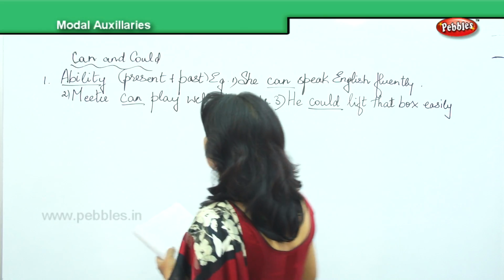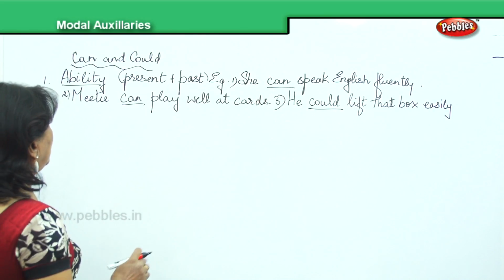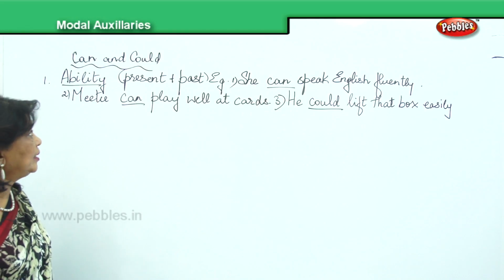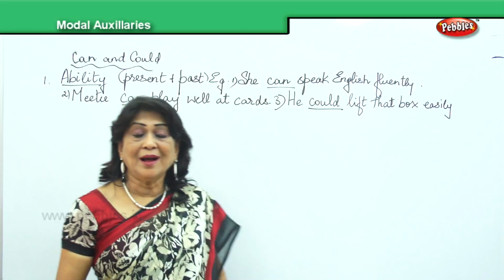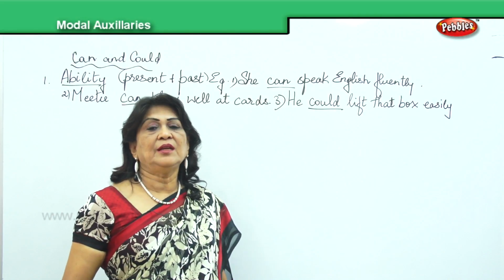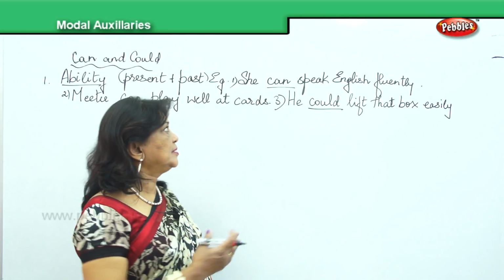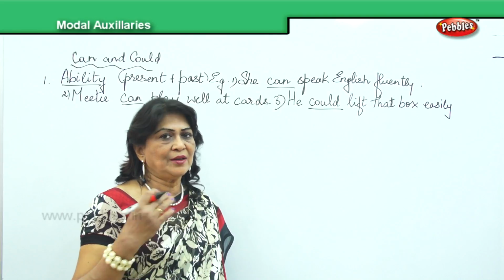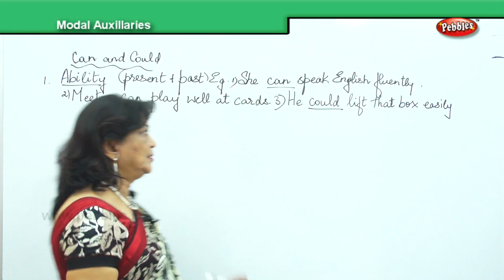Good. Here we see ability, that is speaking English fluently, or playing cards well, or lifting a box easily. All these sentences show ability. Okay? So, we use can and could for ability. Remember that.